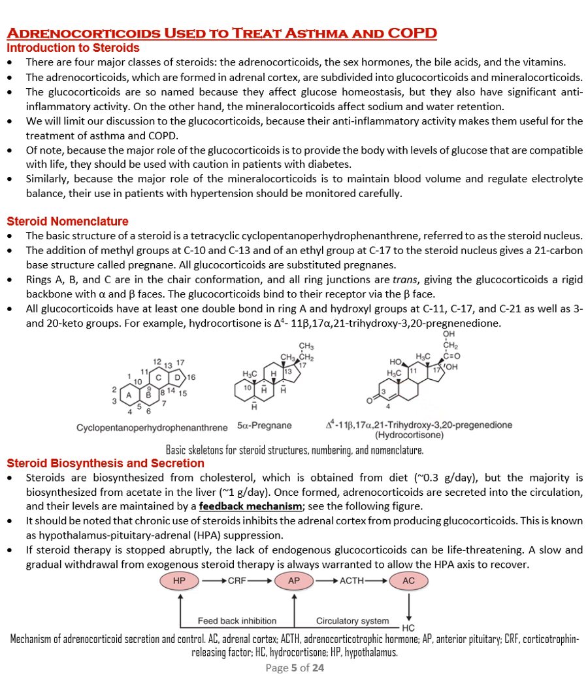Let's briefly talk about the synthesis and secretion of steroids. Steroids are synthesized from cholesterol. About 0.3 gram is taken from the diet per day, while in fact the majority is synthesized from acetates in the liver. About 1 gram of the cholesterol is synthesized by our body in the liver.